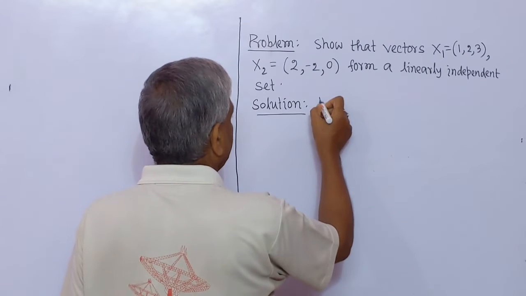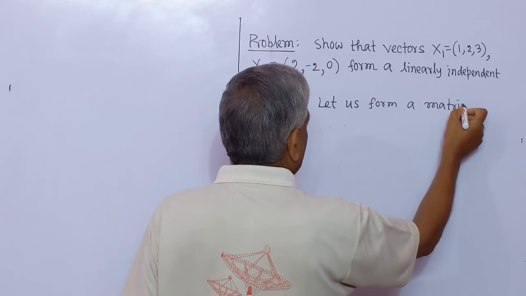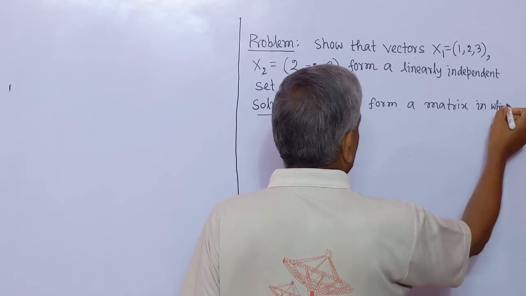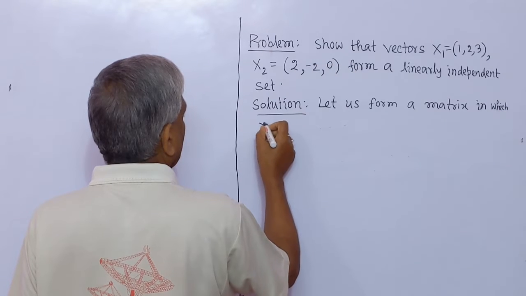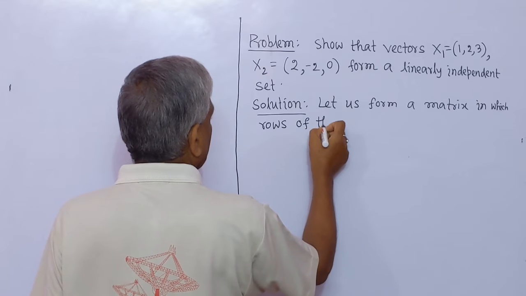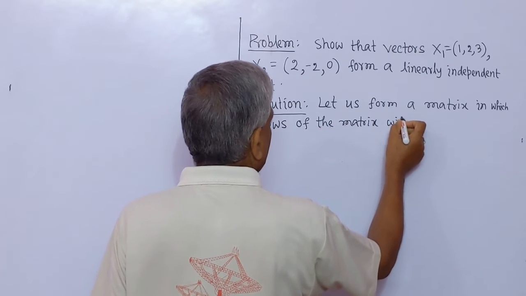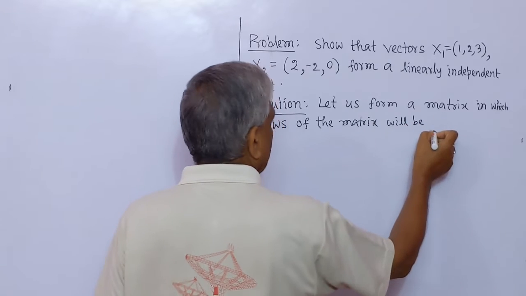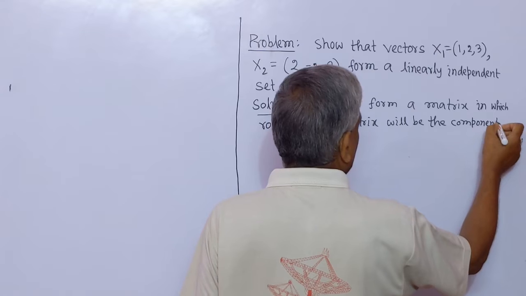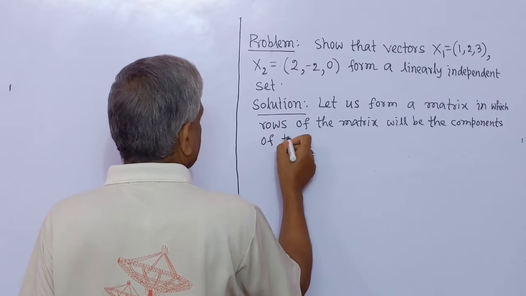Let us form a matrix in which the rows of the matrix will be the components of the vectors.